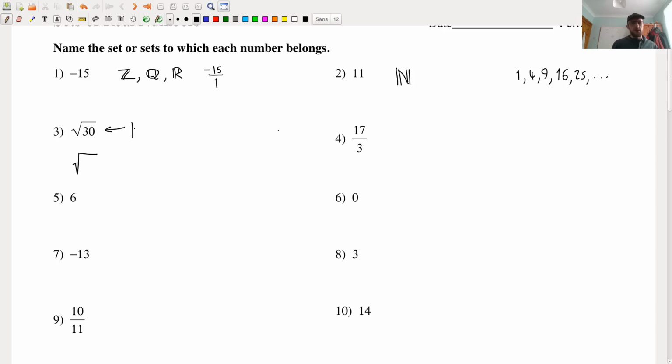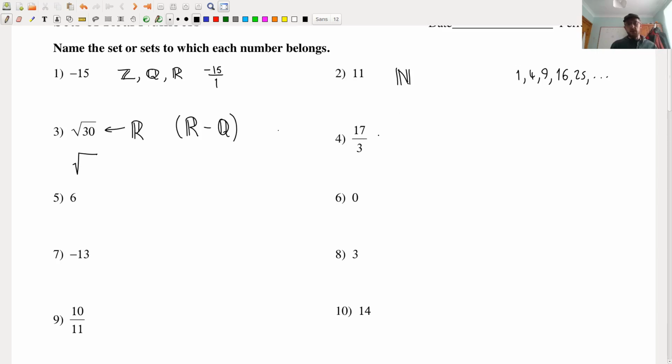Well, we could just say the real numbers, right? Just be aware, though, that in some books they will use this fancy I symbol sometimes to stand for irrational numbers. I don't know why they do that, but sometimes they do. Another way of doing it is like this. They say it belongs to the real numbers, but definitely not the rational numbers, and they do it like that. So that's another way that you can do it.